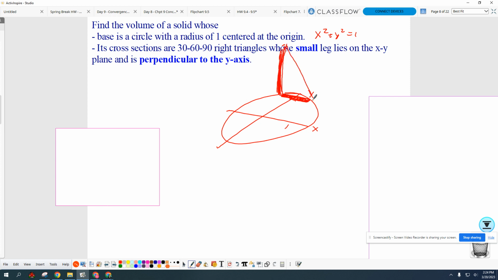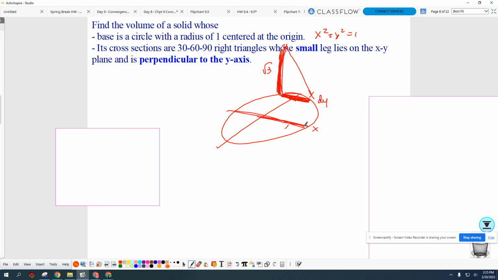Here's my triangle. The height would be root 3, is it? Yeah. Well, it's going to be root 3 times whatever this side is. What is the length of that side? 1. Hang on, no, it's not 1. It's 1 only right here. It'd be 2, because a radius of 1 this way, a radius of 1 that way. This is dy.